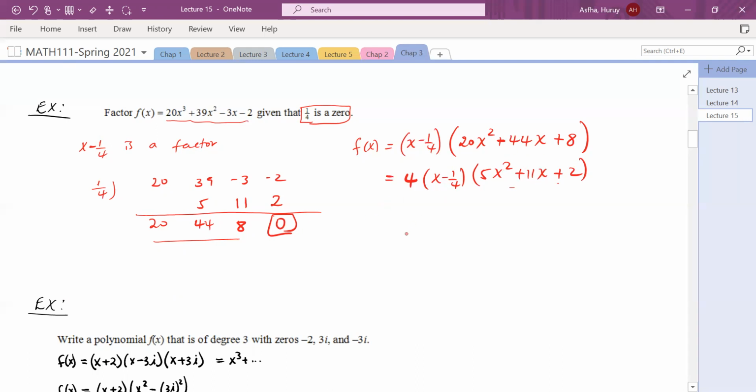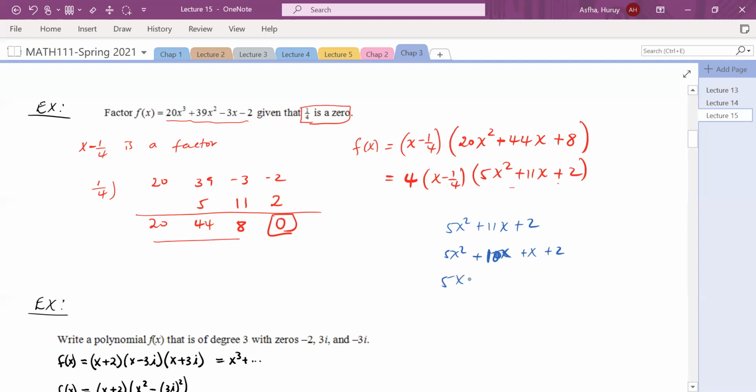If not, we can use the quadratic formula to find the zeros of this expression. Therefore, to factorize this one, we have 5x squared plus 11x plus 2. And well, we know how to factorize this one. So this is 5x squared plus 10x plus x plus 2. The two numbers whose sum is 11 and product is 5 times 2, which is 10, are 10 and 1.